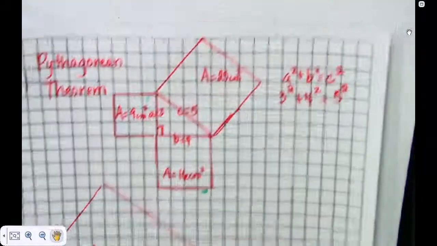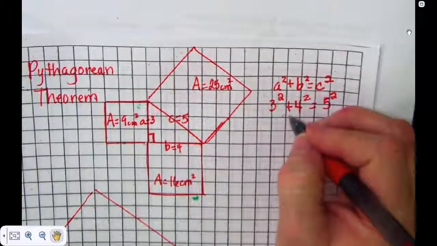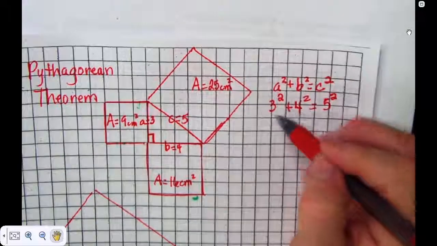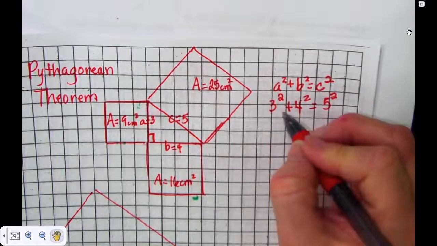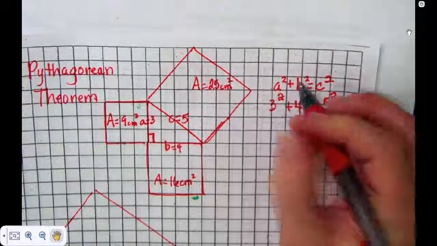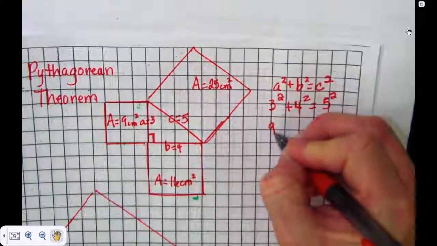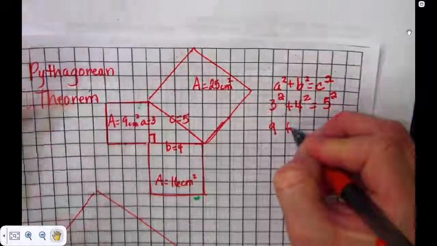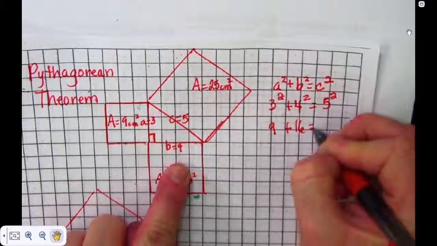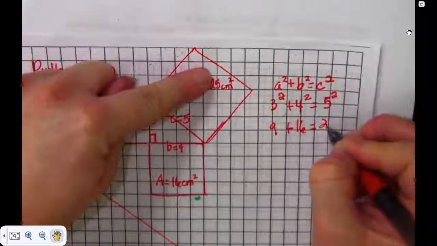Okay, so right up here, we're using it to prove. A, B, and C are the lengths of your sides. When I take the 3 and square it, I'm making the area of that square that goes off of that side. Then 4 squared is 16, and 5 squared is 25.